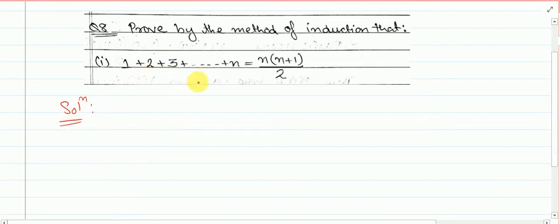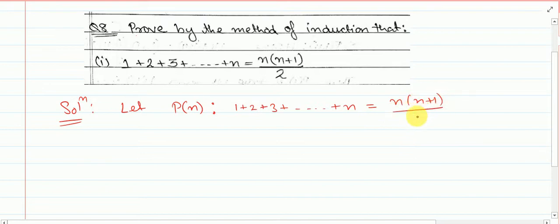This is the statement given to you. First thing you will write: let Pn, colon, and then you just copy the statement. 1 plus 2 plus 3 plus dot dot dot plus n is equal to n times in bracket n plus 1 whole divided by 2.